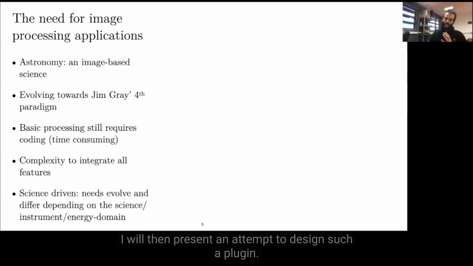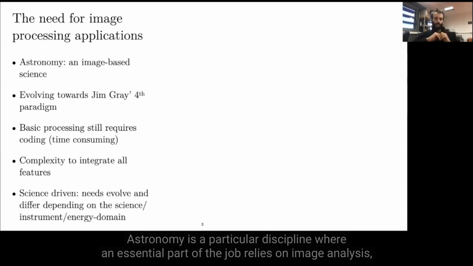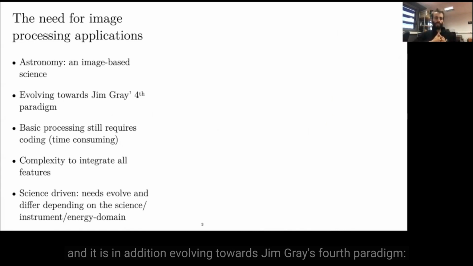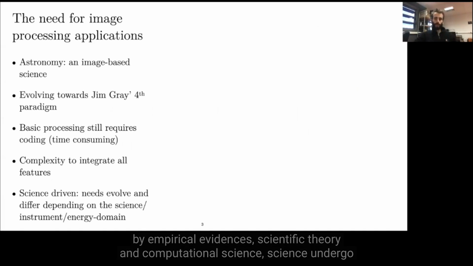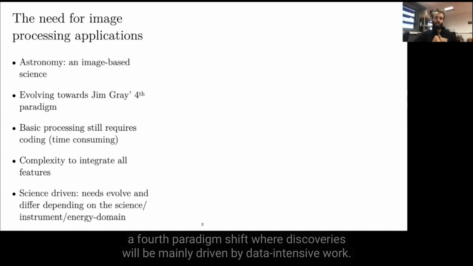So astronomy is a particular discipline where an essential part of the job relies on image analysis. And it's in addition evolving towards Jim Gray's fourth paradigm, basically stating that after science discoveries being driven by empirical evidence, scientific theory, and computational science, now science undergoes a fourth paradigm shift, where discoveries will be mainly driven by data-intensive work.